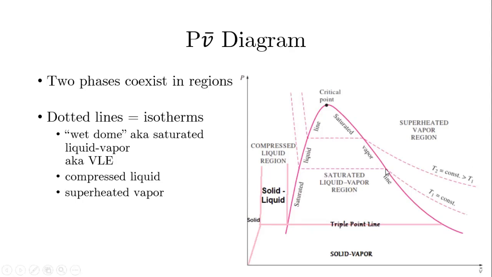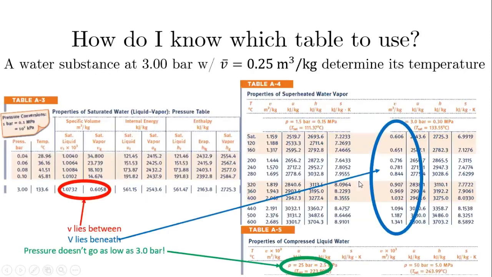And this corresponds to 0.6058. So if I told you I have 0.6058, that means all of it is a gas, 100% gas. If I told you it was 0.001, whatever that was, that would be 100% liquid. I'm somewhere in between. So I have to figure out what percent gas and what percent liquid I am. And then I can determine the U.